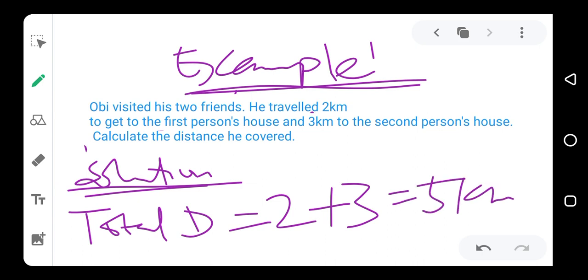He first of all traveled 2 kilometers to get to the first person's house, and then from the first person's house he traveled another 3 kilometers to get to the second person's house. That means we should just add the two distances covered to get our total distance, which is now 5 kilometers.